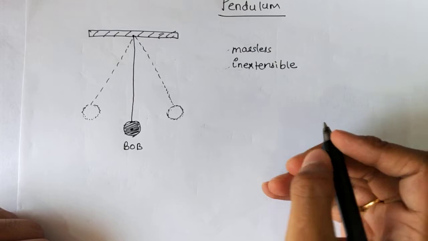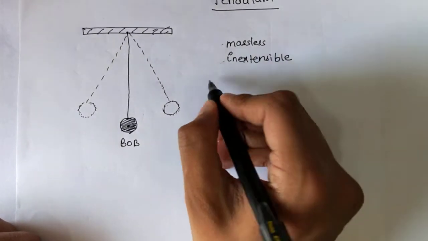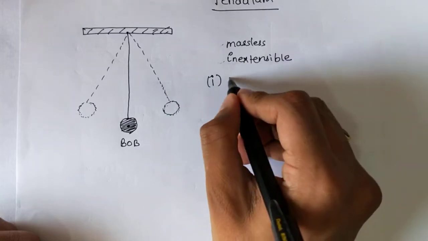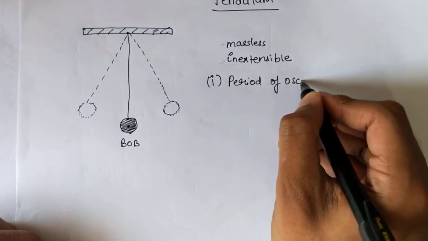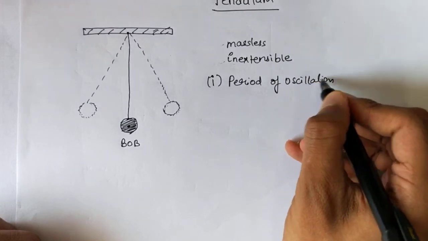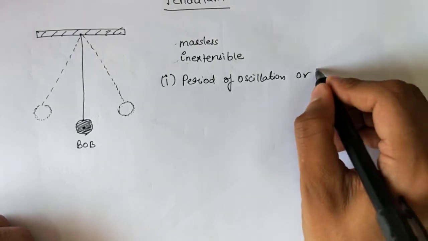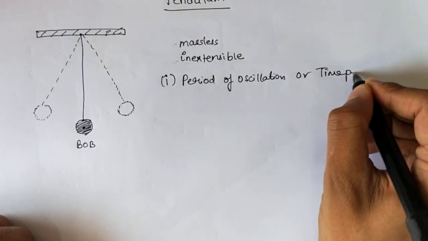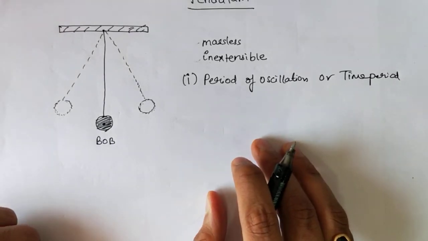Now let's understand some terms related to pendulum. The first term to note here is period of oscillation, or it is also called the time period of the pendulum. So what is a period of oscillation?